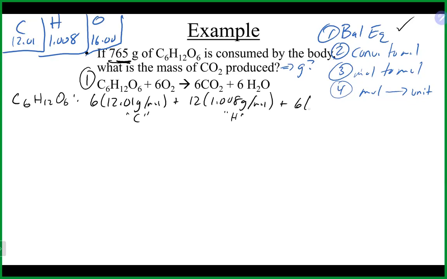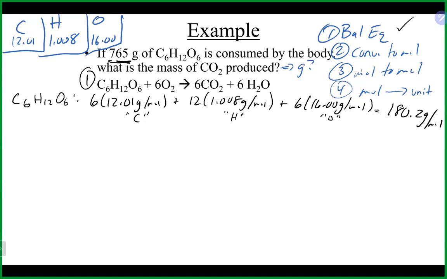And 6 times 16 for our oxygens. So that's going to give us, going to about 4 significant figures, 180.2 grams per mole, which is our molar mass for our C6H12O6. This is really our conversion factor to do the second step.